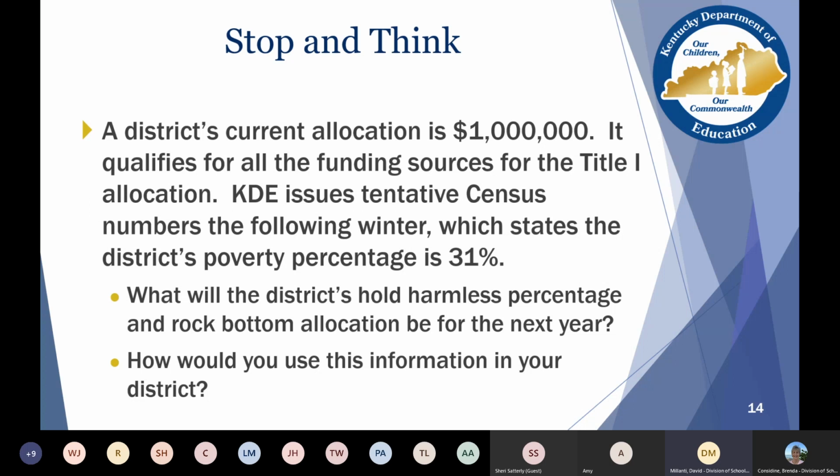However, at the beginning of January, if you have the census numbers and your hold harmless in front of you, which we will issue to you, that is a good point to start your planning, particularly if there's some sort of delay in issuing allocations. It's a good idea to start planning sometime in January based on those numbers. Mm-hmm. That hold harmless, again, is your guarantee, your rock bottom dollar for the next fiscal year.